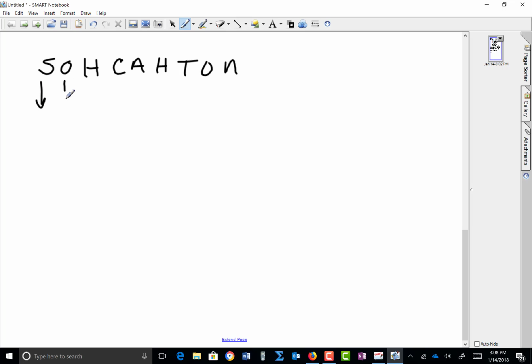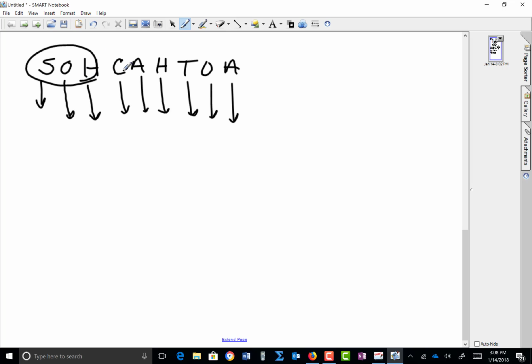Sine is opposite over hypotenuse. H stands for hypotenuse. Cosine is adjacent over hypotenuse. Tangent is opposite over adjacent. So that's how some people memorize it, with the three main trig functions.